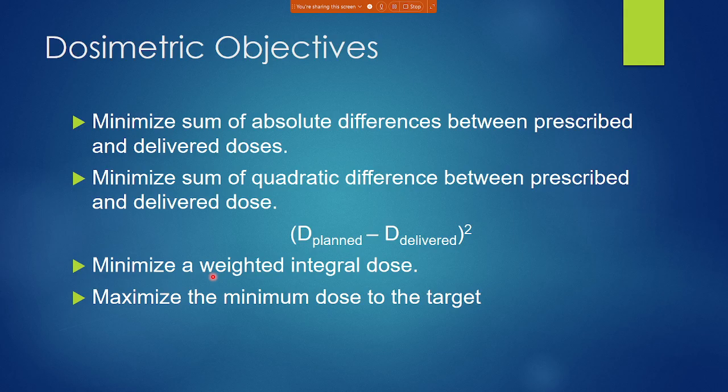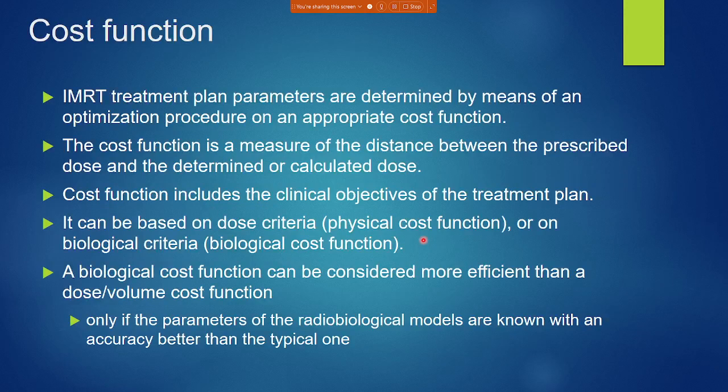So minimize it. That is where the optimization comes. So minimize the sum of quadratic differences between the prescribed and the delivered dose. So this is the planned one, and this is actually the calculated, I would say, rather than delivered. For the calculated one, the square of the distance should be as small as possible. So minimize a weighted interval dose or maximize the minimum dose to the target.